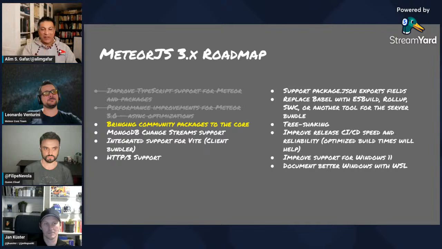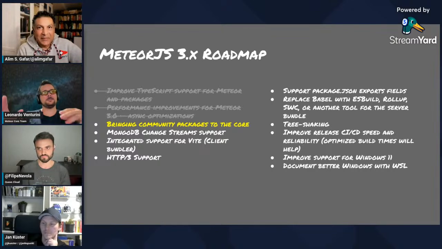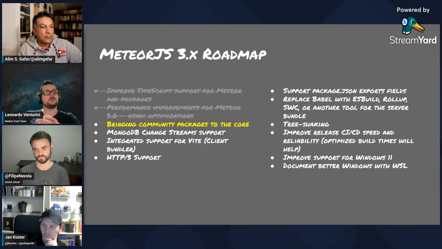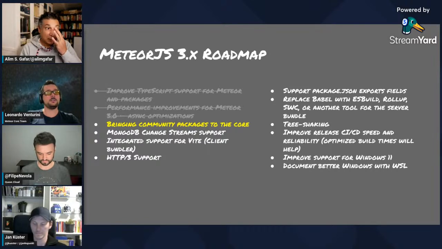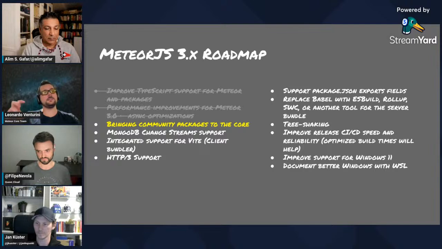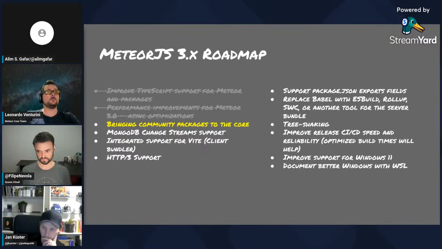And Leo, go ahead. So this tied back to the workgroups initiative that the community is pursuing, and it started with the roles package. Now the roles package, the Alanning roles, is now part of the core officially, and there are many other packages out there that are kind of the de facto standard in the ecosystem, and we are evaluating the possibility of bringing them to the core.